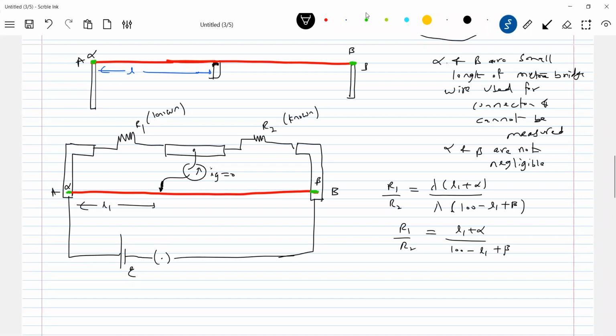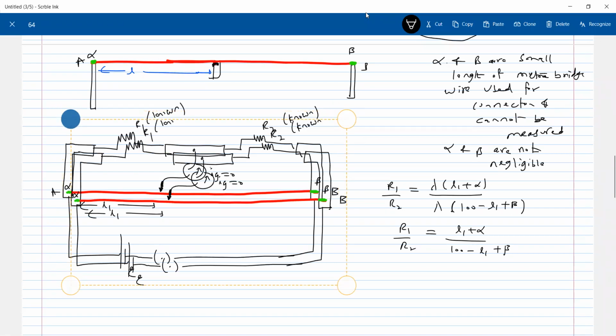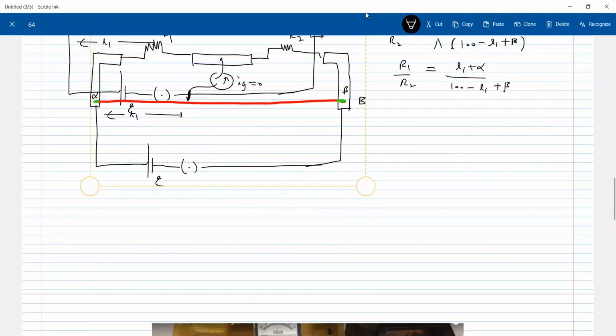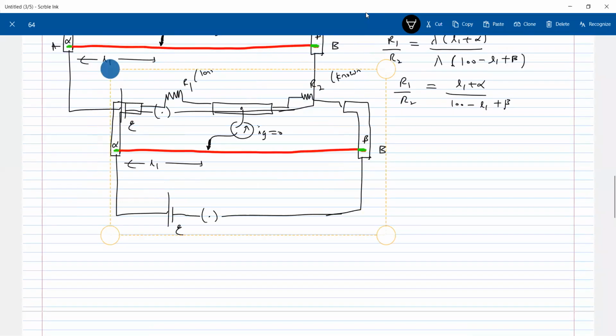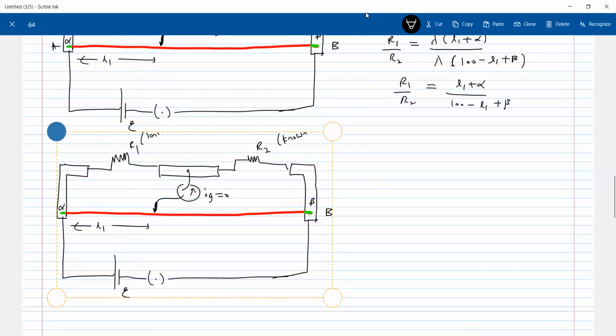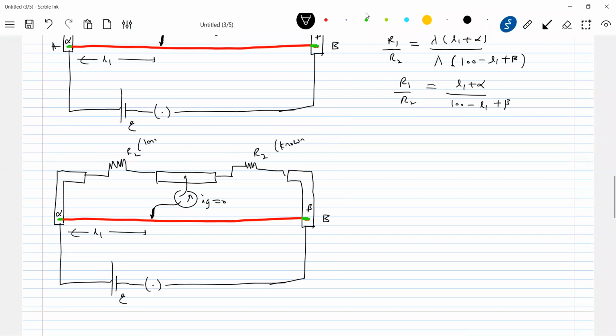Keep it here. Now I'll interchange these resistances. These are the known values, I'll interchange them: R2, R1.